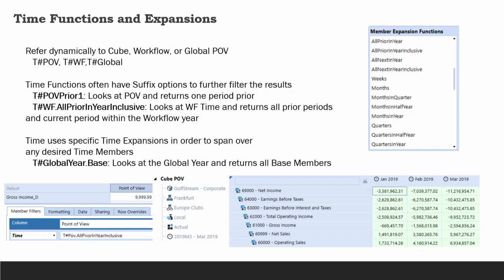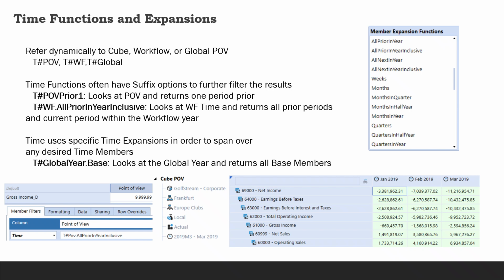Then the next one is T hash WF dot all prior in year inclusive. Again, it will look at the workflow POV and return all the prior periods and the current period within the workflow year. It's giving the current period as well because we have used inclusive here.